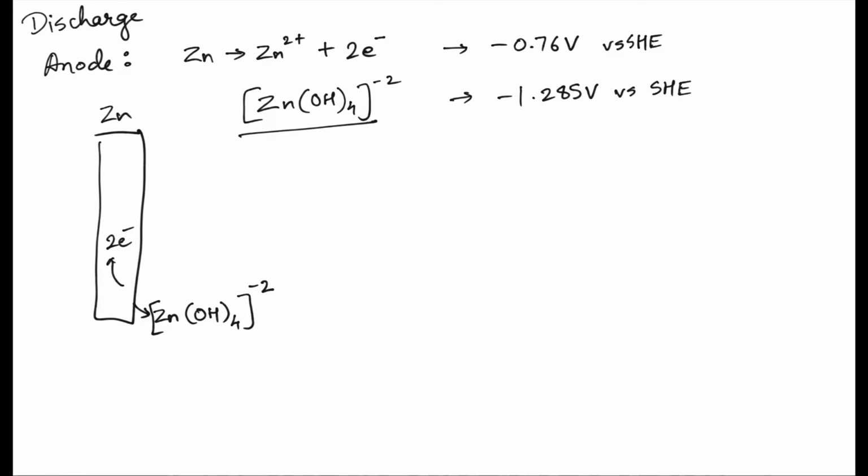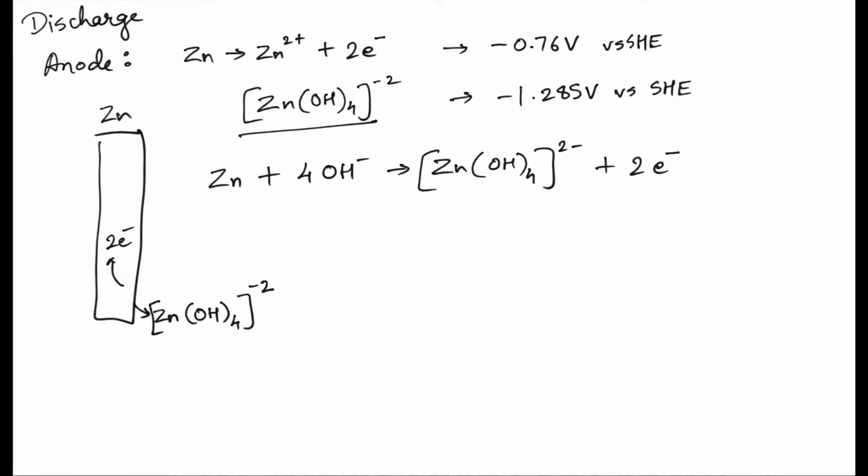In this case, the equation is zinc combines with 4 hydroxide ions to give zinc hydroxide and 2 electrons. Now to find the cell voltage, we have this equation.